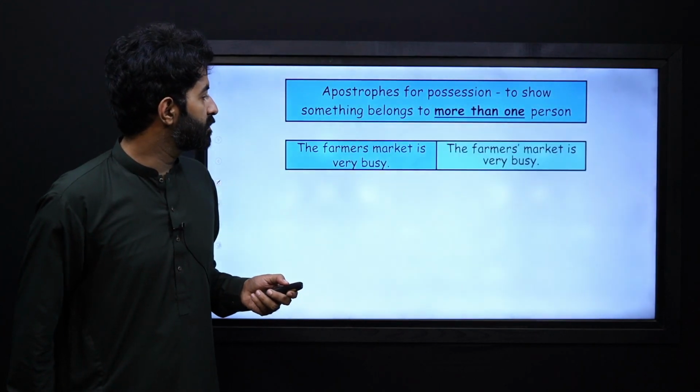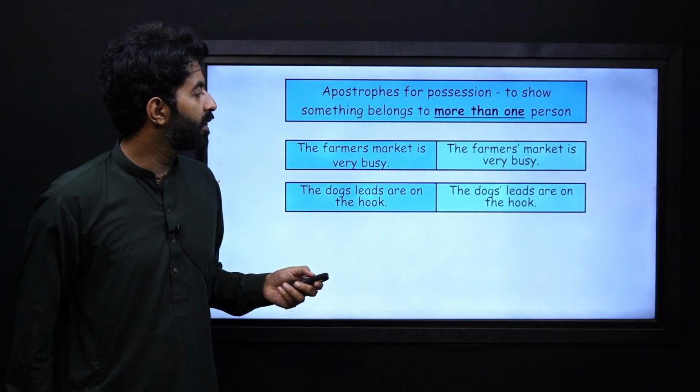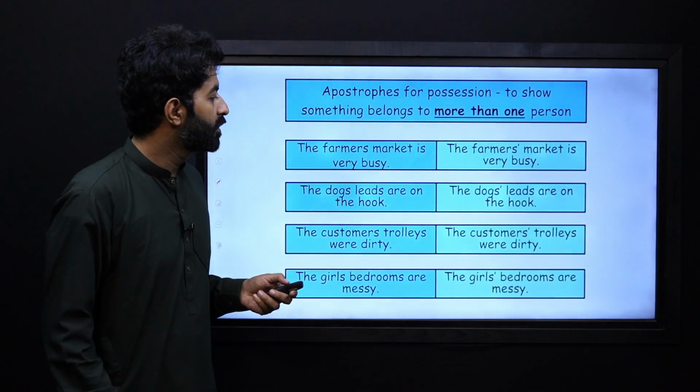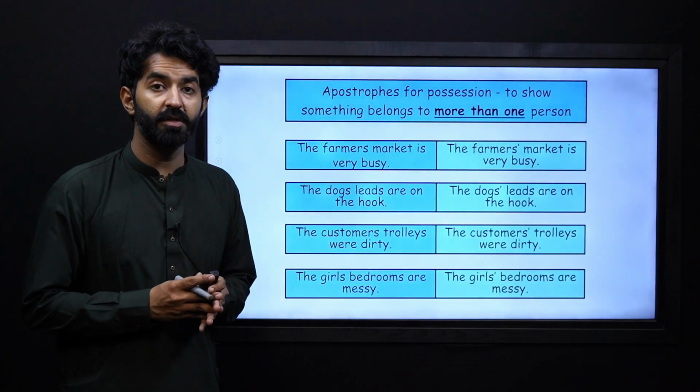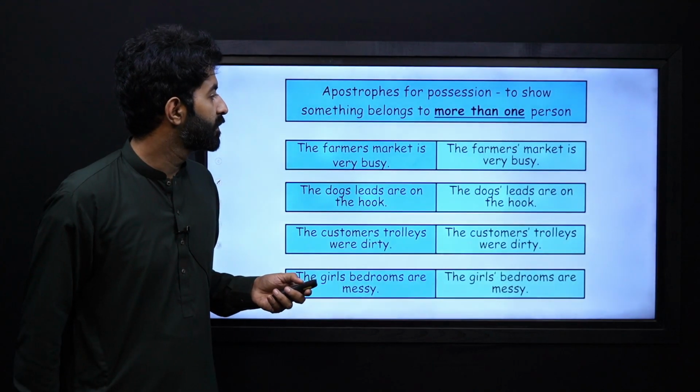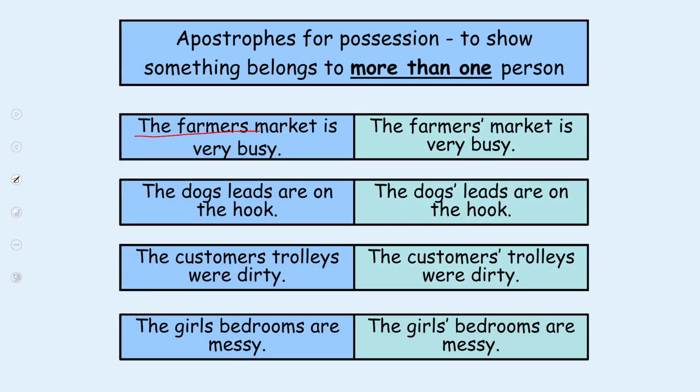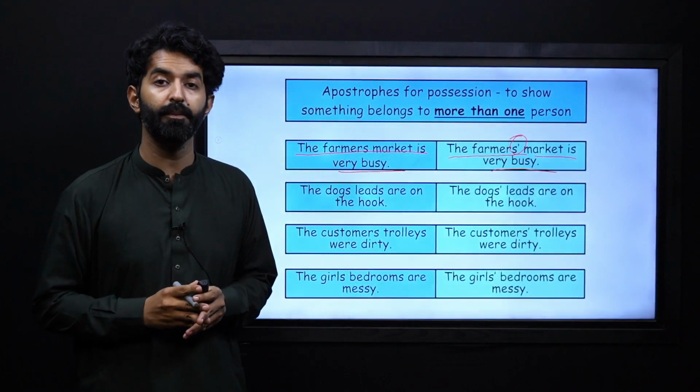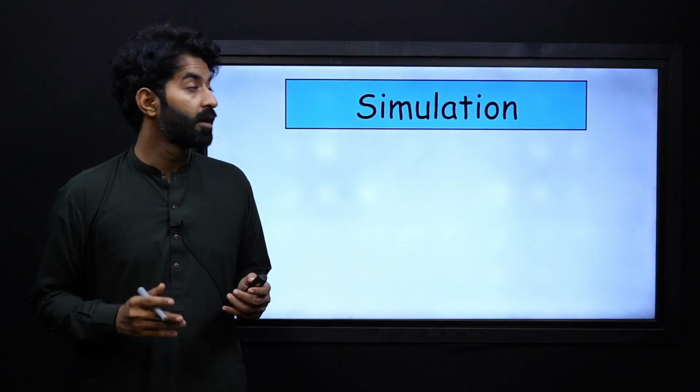Now some more examples of using apostrophe with plural nouns. So here the farmers market is very busy. So if you want to put apostrophe, we would say the farmers' market is very busy, followed by apostrophe at the end without using an additional s. You can read the other examples by pausing the video.